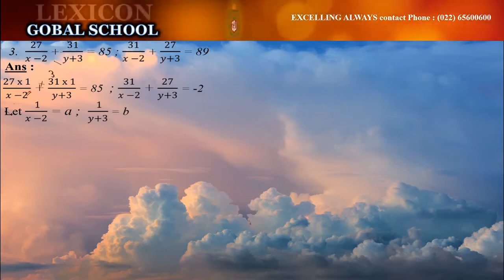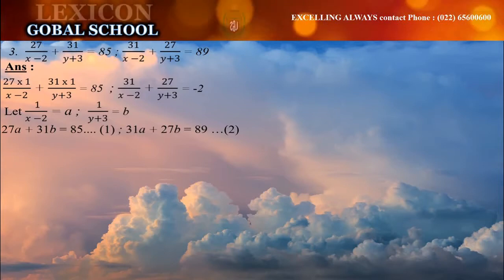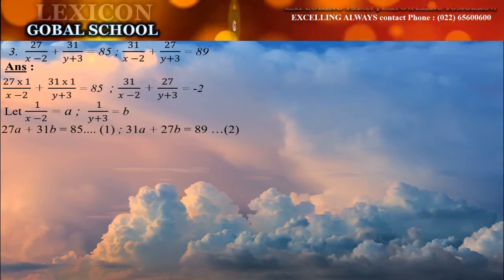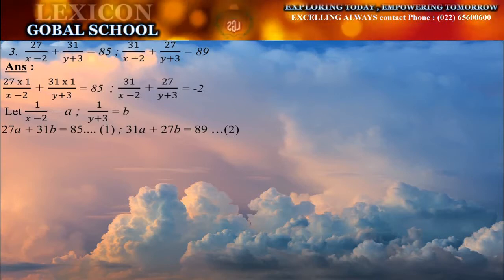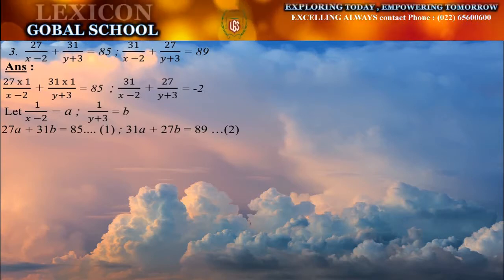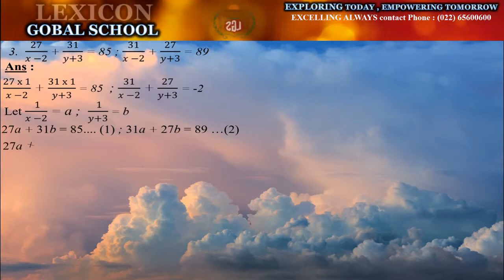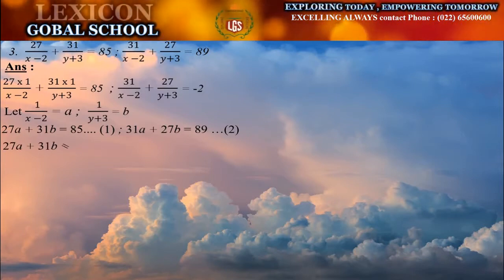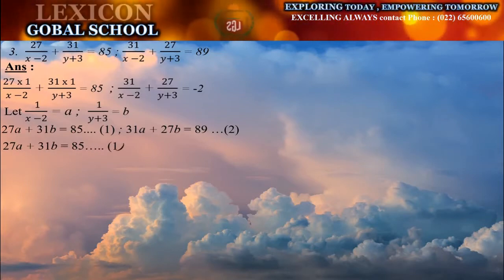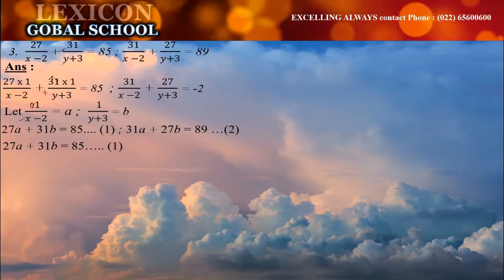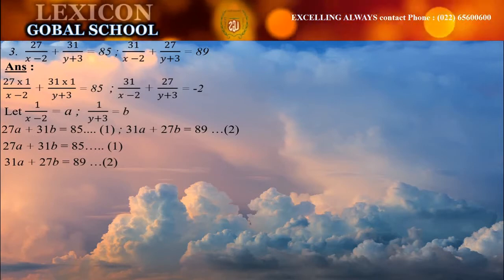Therefore, our first equation is 27a plus 31b is equal to 85 and our second equation is 31a plus 27b is equal to 89. When you write both the equations one below the other, you get 27a plus 31b is equal to 85 as equation 1 and 31a plus 27b is equal to 89 as equation 2.